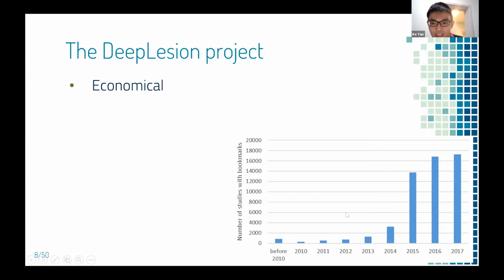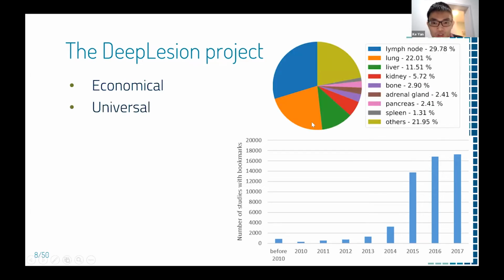So we can collect these annotations year after year. So it is very economical. We don't need any manual annotation, and it is universal, which means that it contains lesions in all kinds of organs. And with these annotations, we can do some systematic tasks to help doctors.